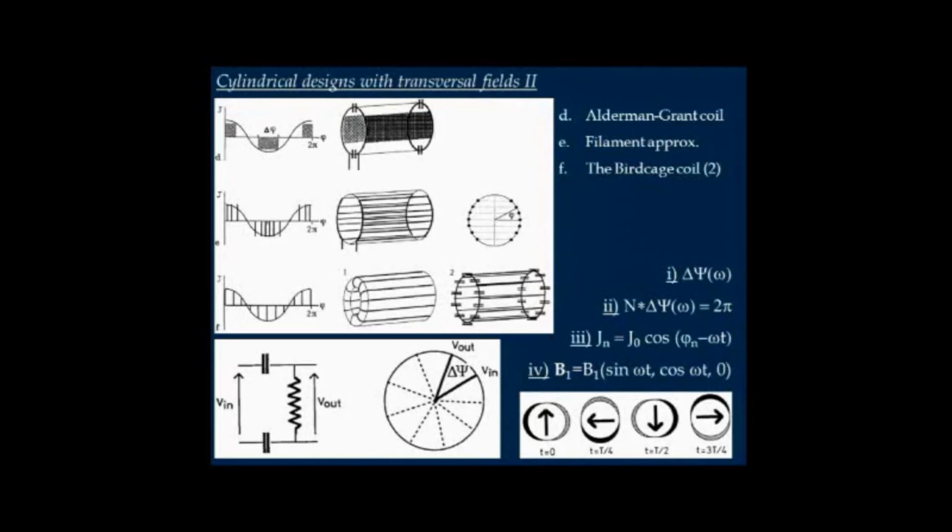So you can arbitrarily approximate the optimum current distribution by putting in more filaments. However, more than 16 or 32 does not make much sense because the gain decreases by putting in more.